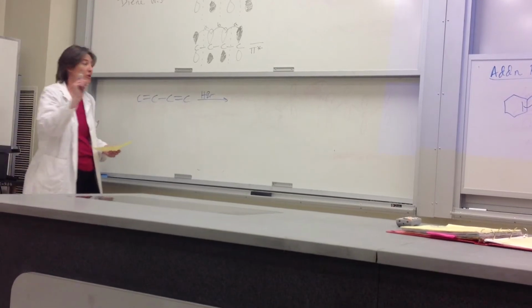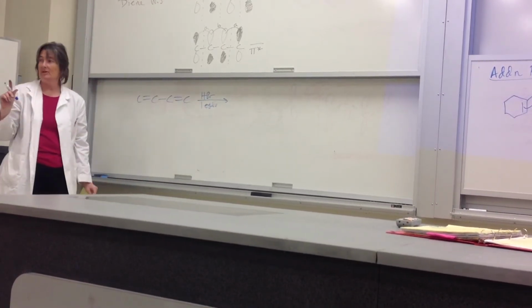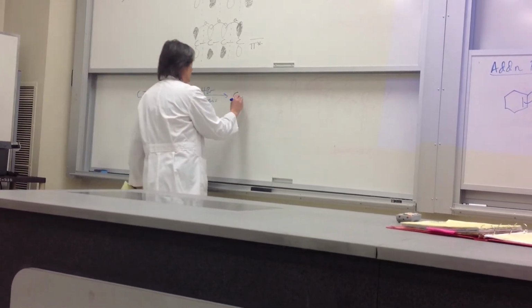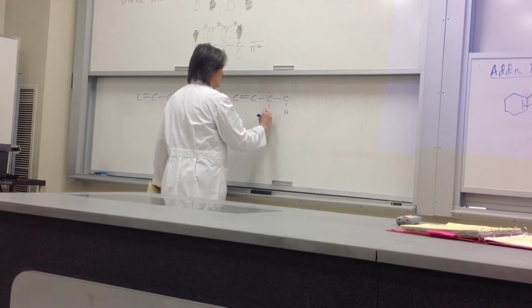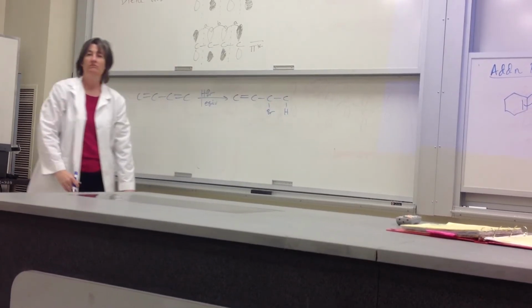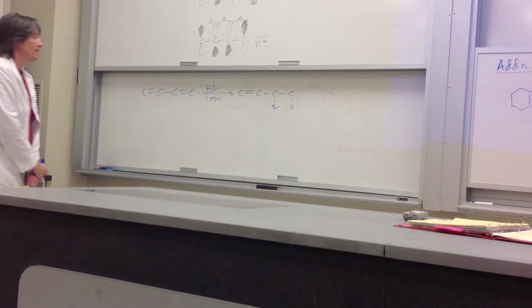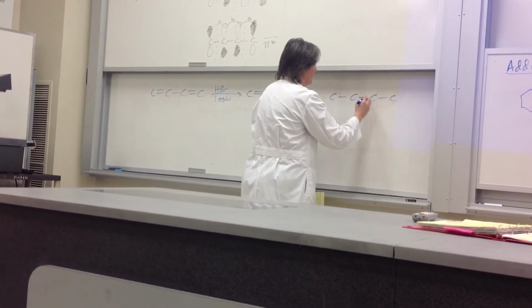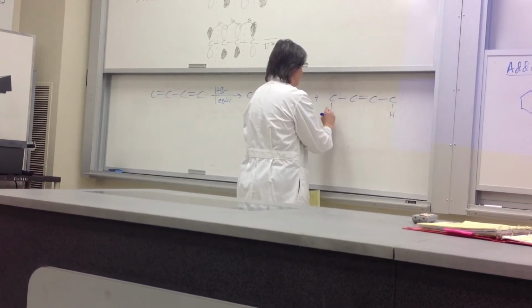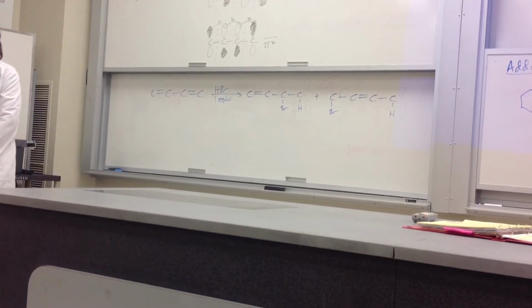And we're just going to add one equivalent, by the way, so enough to react with one of the double bonds. And I get that. Hopefully that makes sense. This is straight-out Markovnikov addition. And I get that. That's weird.